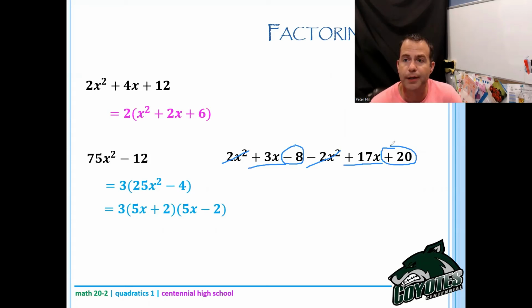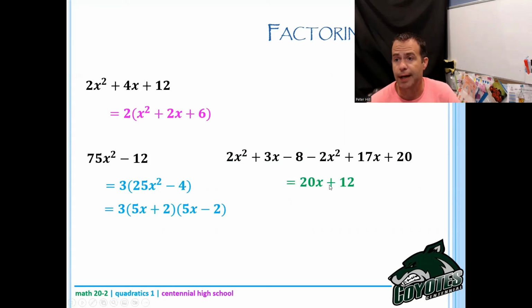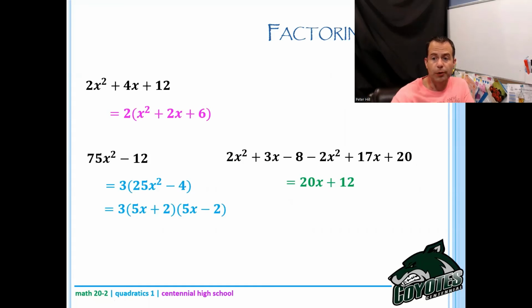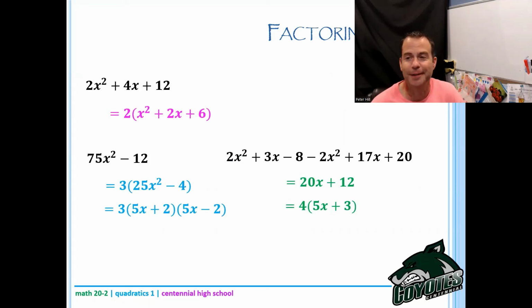So when I combine all like terms, I'm going to end up with 20x plus 12. So now I'm just looking for a greatest common factor, which would be 4 here. And then that would leave me with 4 times 5x plus 3. See, factoring doesn't have to be too scary.